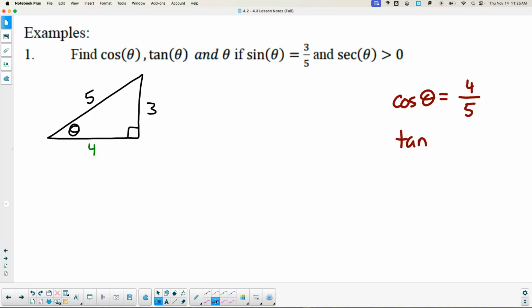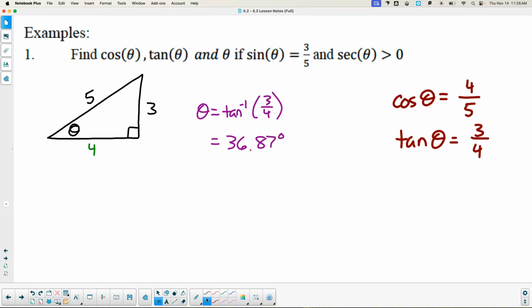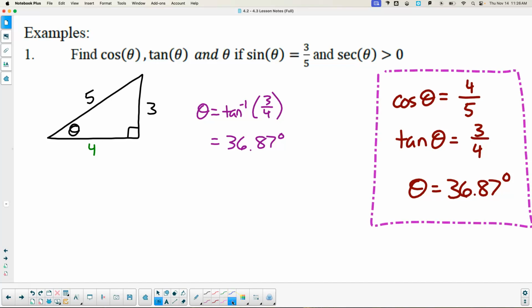What's the tangent of theta? 3 over 4. So theta then. That's all it asks us to do. It asks us to find the cosine, the tangent, and theta.